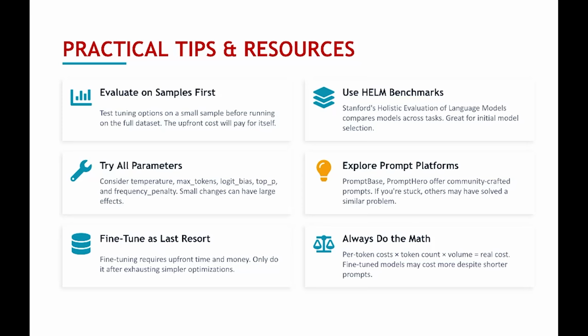If you are stuck on prompts, platforms like PromptBase actually have community solutions. Fine-tune only as a last resort after exhausting simpler methods, and most importantly, always do the math. The cheapest per token price isn't always the cheapest overall solution.